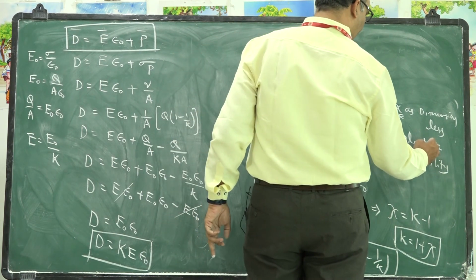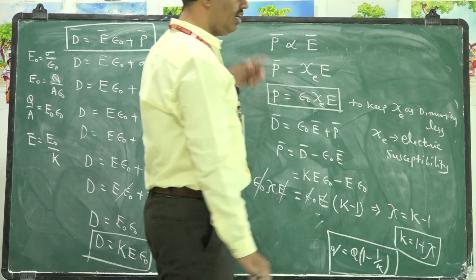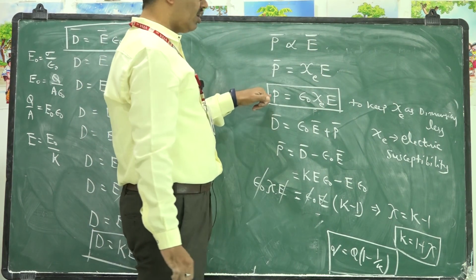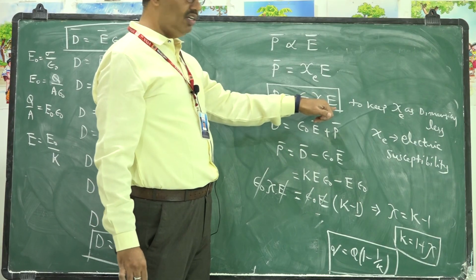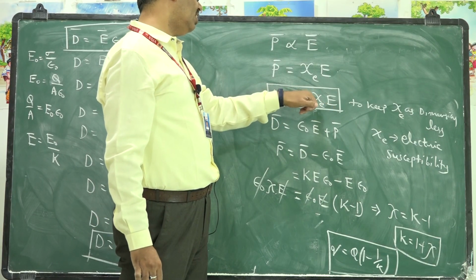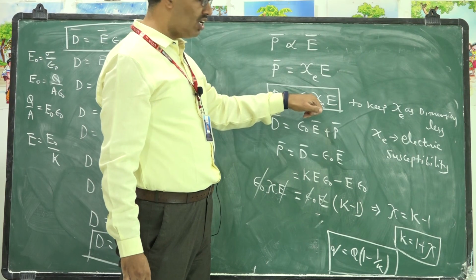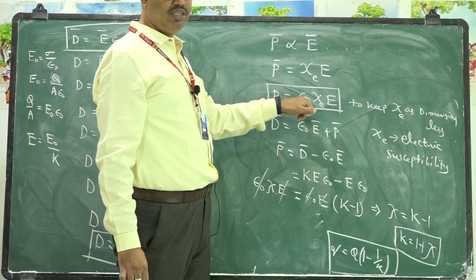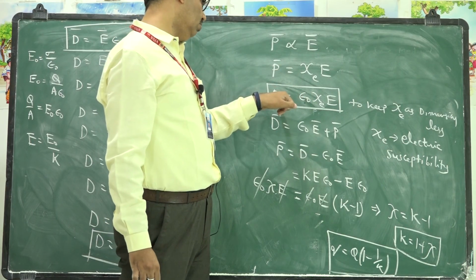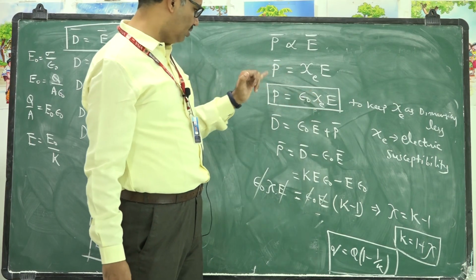Why did we introduce epsilon naught here? Polarization density means dipole moment per unit volume, and here it is electric field. To keep this chi E a dimensionless constant, we should multiply with epsilon naught. As it is a constant, there is no problem in writing the equation like this.